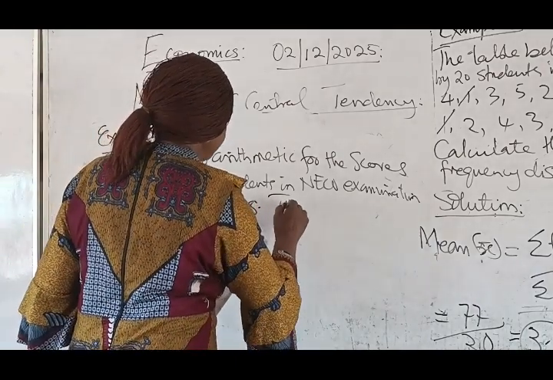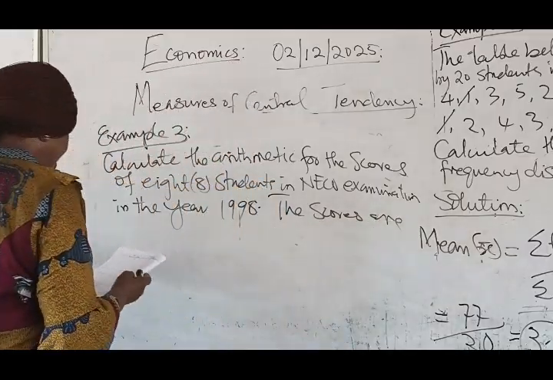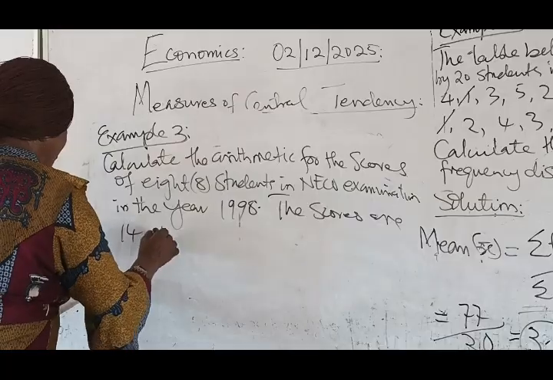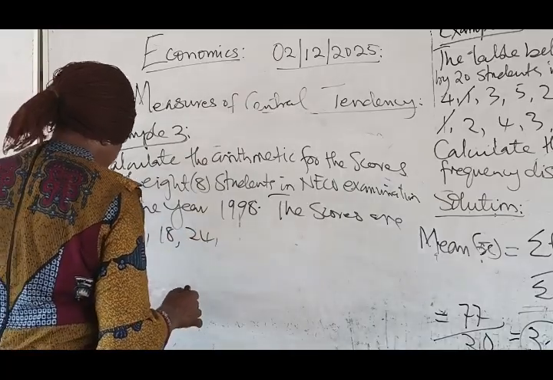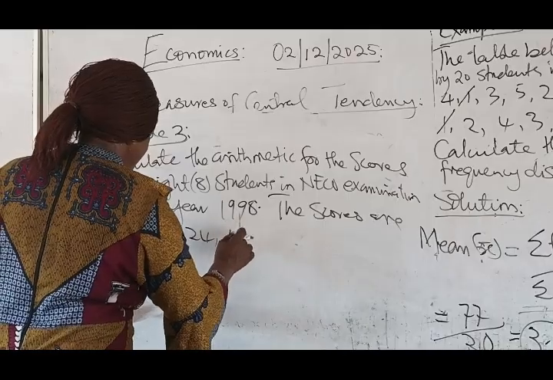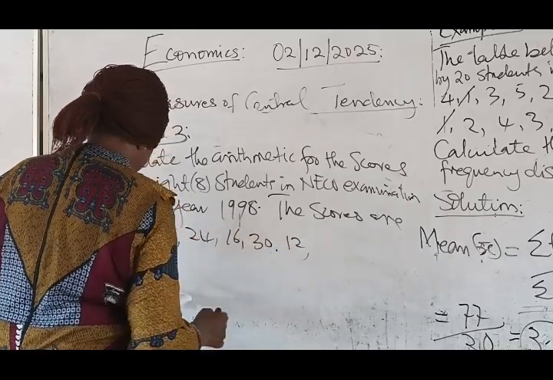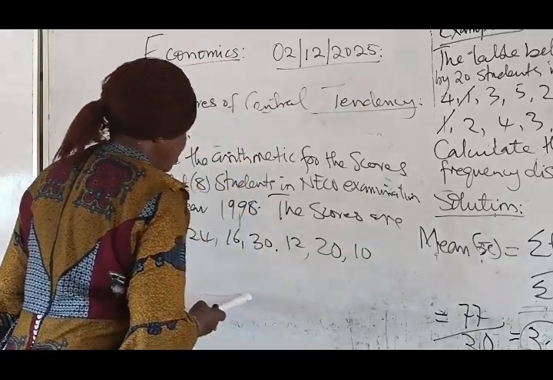The scores are 14, 18, 24, 16, 30, 12, 20, 10.